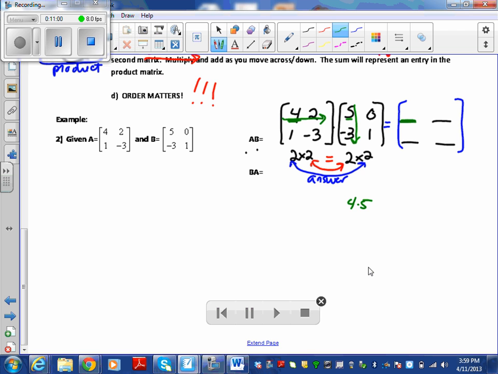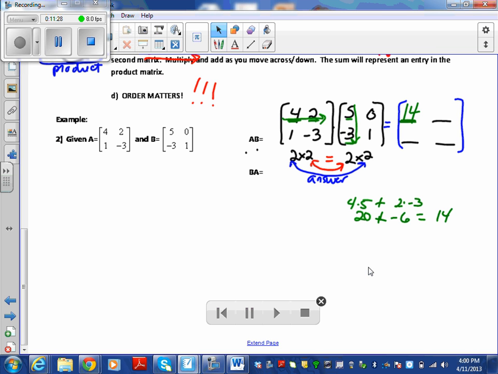Then I would slide and multiply 2 times negative 3. So what I actually have is 20 plus negative 6. That gives me 14, so that'll be the entry in the answer.